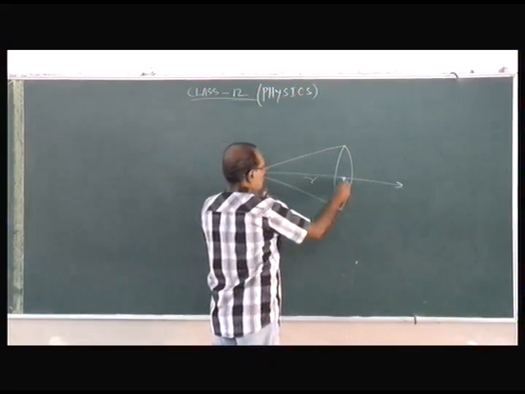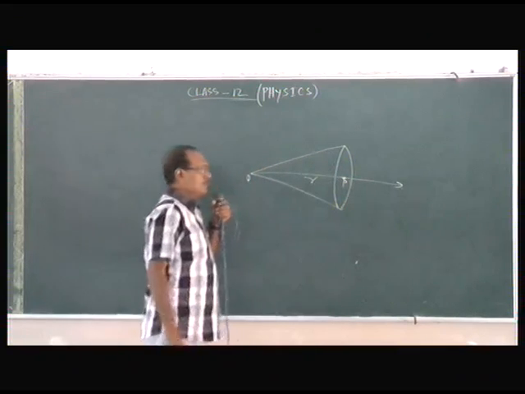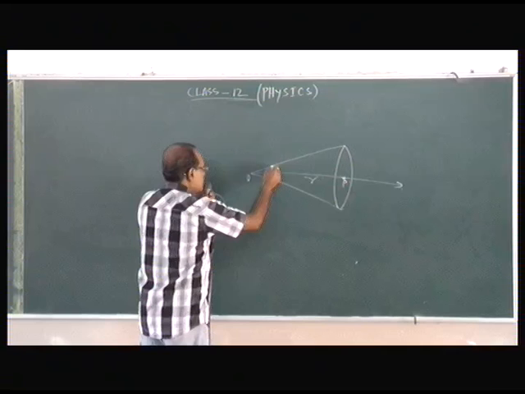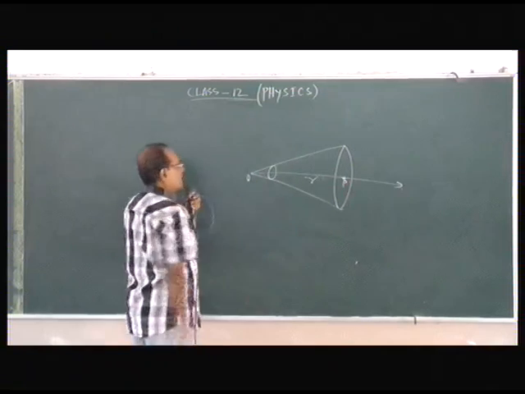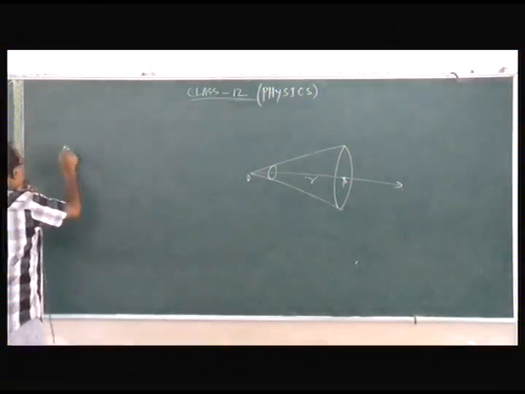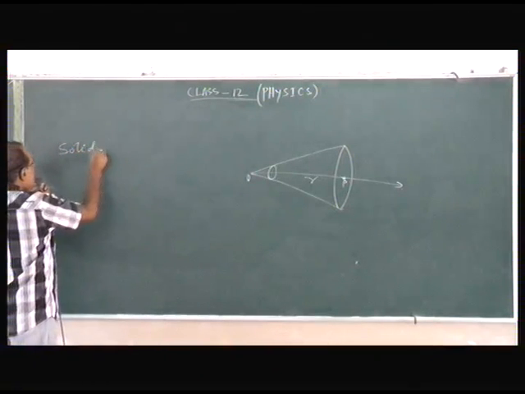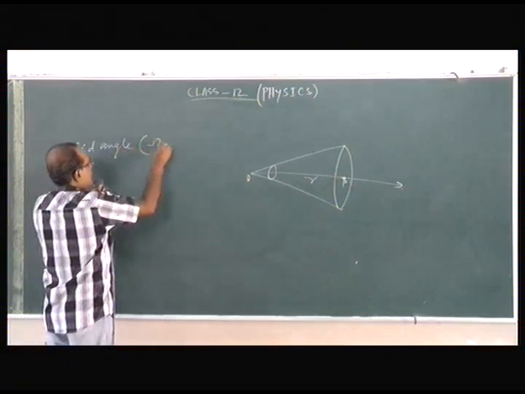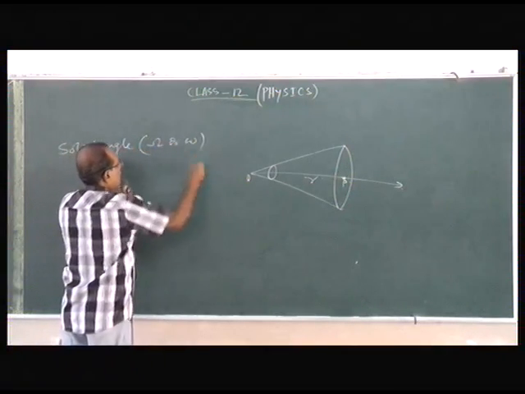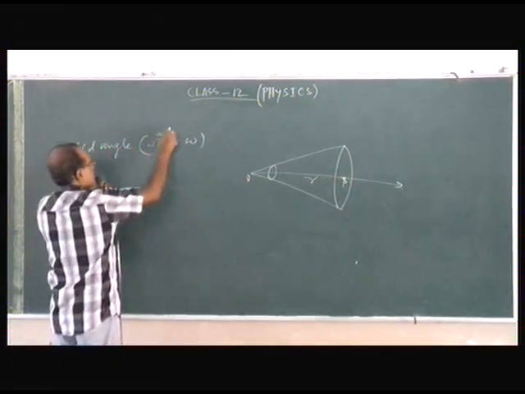This is O, this one is say P, and this is the solid angle. Solid angle is denoted by the omega sign, maximum we are using this one.